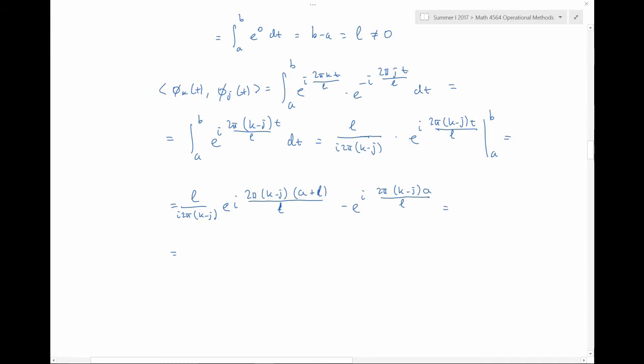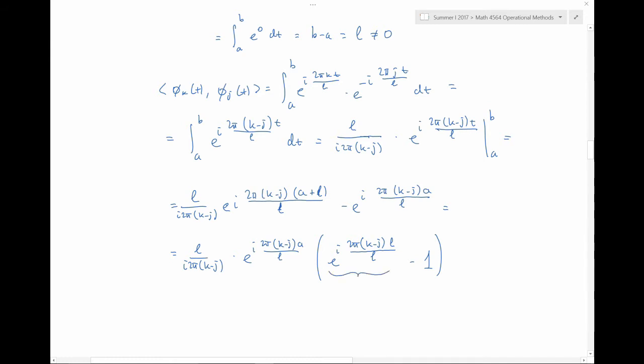As you can see, the factor a is in both exponential functions. So we get L over i 2 pi (k minus j) multiplied by, and I can factor out, e to the i 2 pi (k minus j) a over L times e to the i 2 pi (k minus j), and L over L is just 1, minus 1.